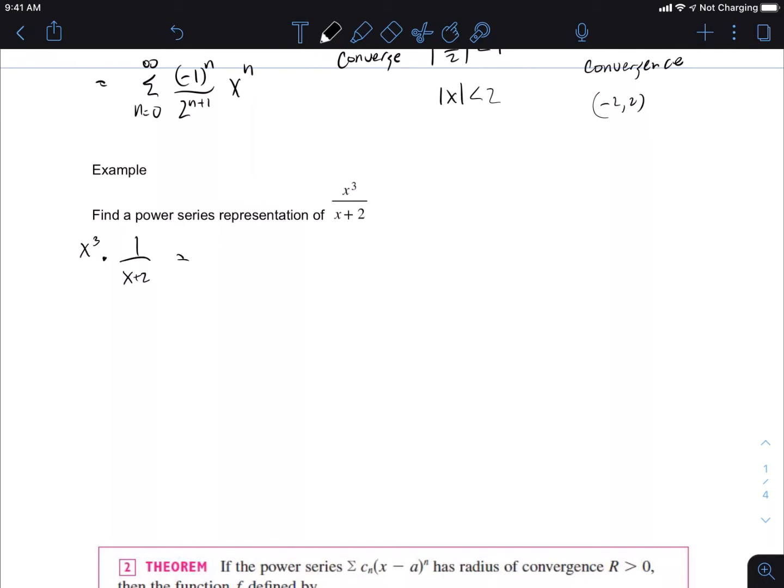That's the same thing, right? But then I can manipulate that to be x to the third times the summation of n from 0 to infinity of (-1)^n over 2n plus 1 x^n.